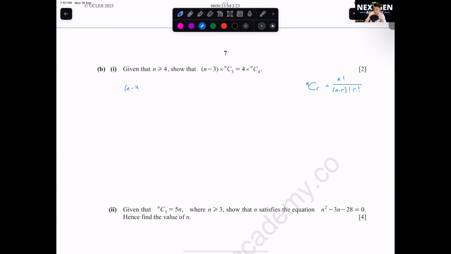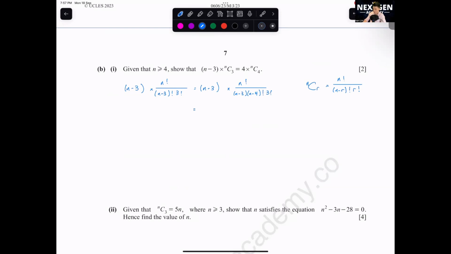So (n minus 3) times n factorial over (n minus 3) factorial, 3 factorial. Okay, I want to simplify it, so I'm going to open up the bottom part. The (n minus 3) factorial, I write it as (n minus 3) times (n minus 4) factorial, then 3 factorial.